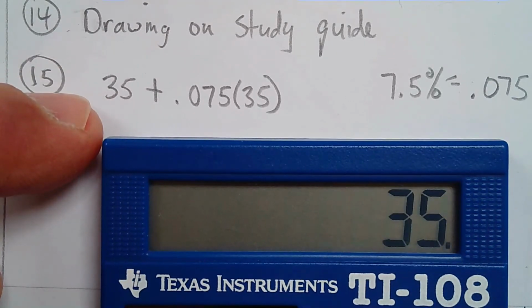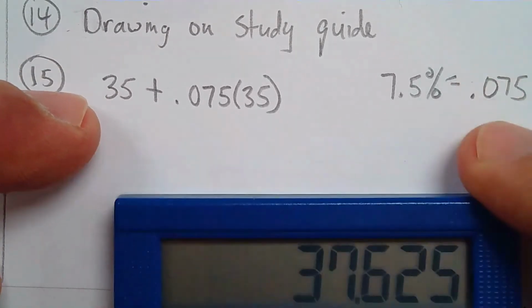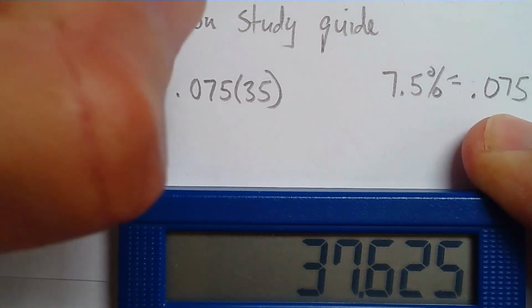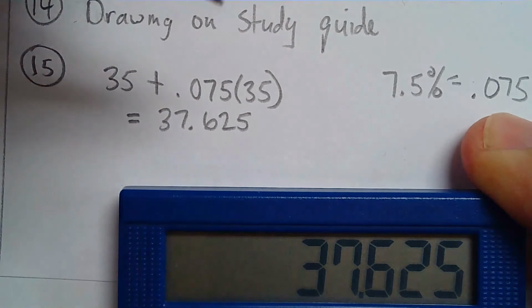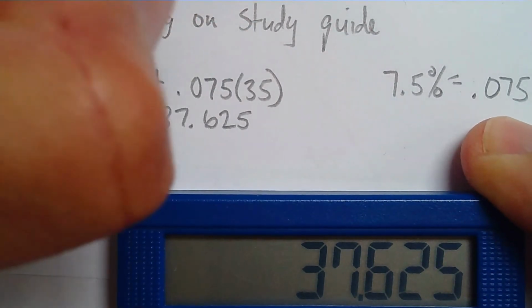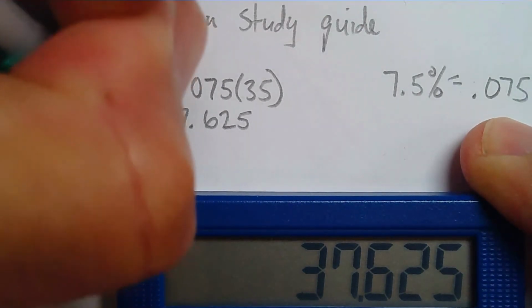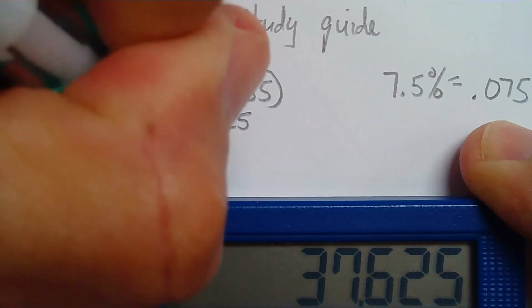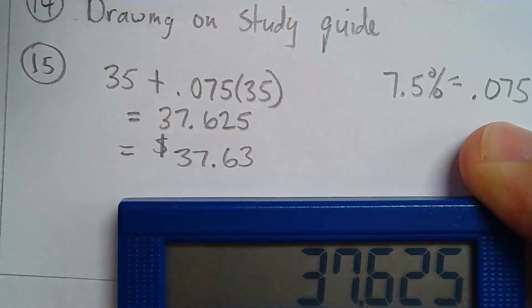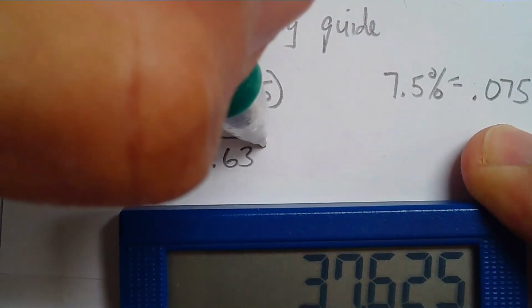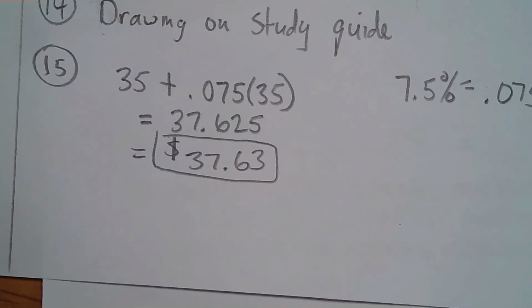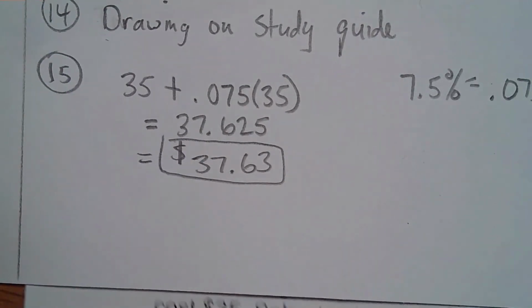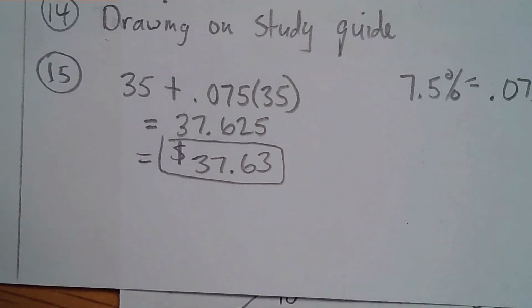So this all equals 37.625. And what we need to do is, we're talking about money here, remember? So if we're talking about money, it's 37.63 because it has to be in cents. So that's number 15.